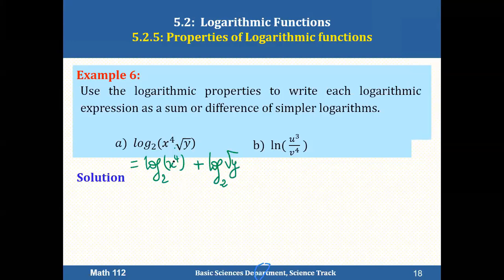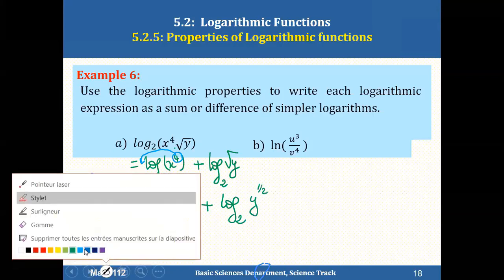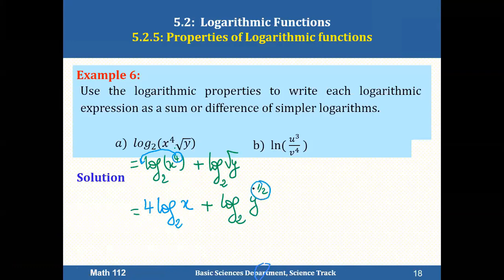And the log transforms the power. So the 4 can come outside. What does it become? It becomes 4 log base 2 of x, plus this one, which power? The square root of y. How do we write it in exponential form? y to the power one half. So the same thing: we have a power inside the log, it can come out as a coefficient.